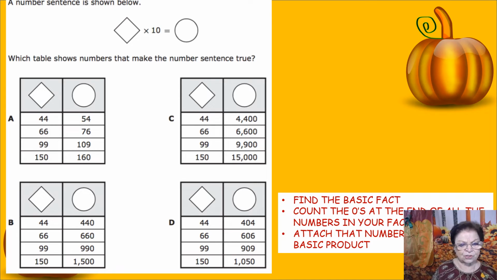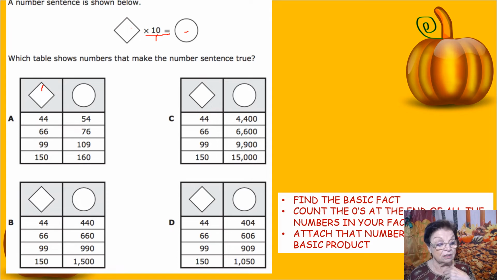Oh, this looks tricky. The triangle times 10 is going to equal the circle. So we know we're going to be looking for a product, something times 1. So the number on the left under the triangle times 1 with 1 0.